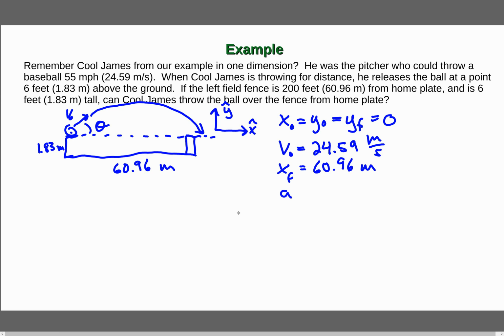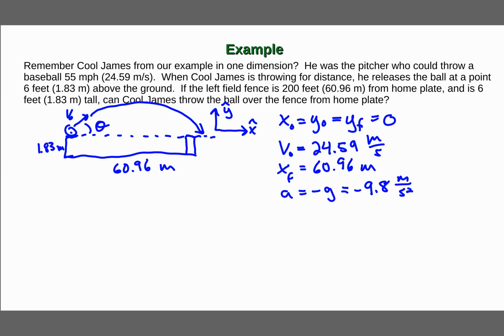And we know that a equals minus g equals minus 9.8 meters per second squared. Okay? And then they want to know if he can throw the ball over the fence from home plate. So they want to know, is x max greater than x final? Okay?